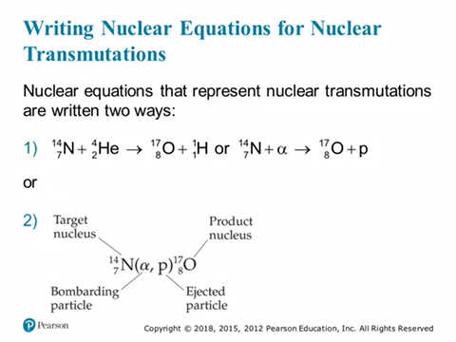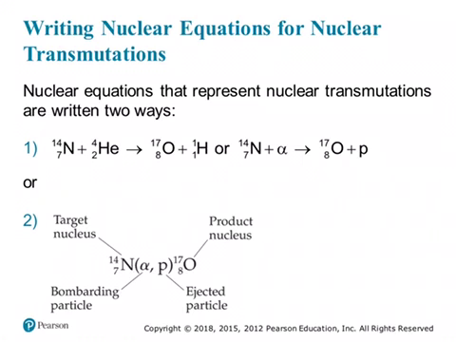I tend to write the particle out so that this way I can make sure that my mass and atomic number all balance on both sides of the equation, but it's really what you feel comfortable with.